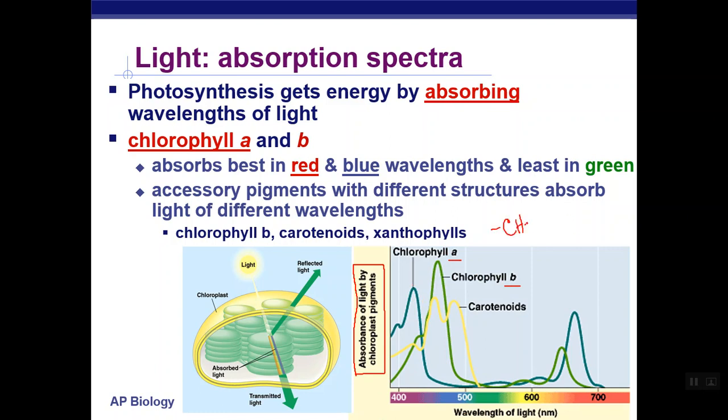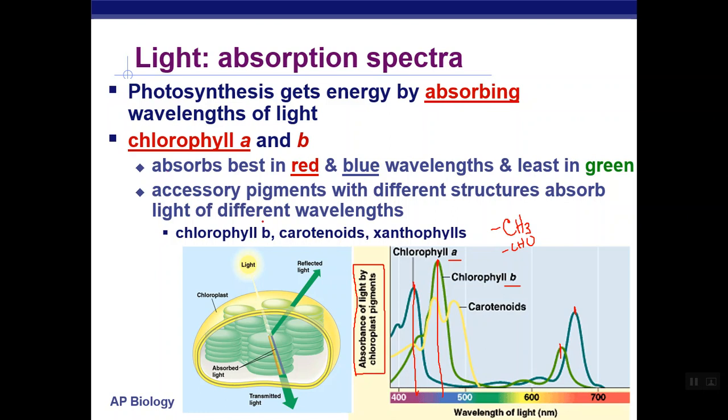The methyl group for chlorophyll A and the CHO group for chlorophyll B. Even just a little teeny change like that causes a pretty significant difference in how well these pigments absorb light, right? This is a pretty big shift for a little teeny difference in the kind of light absorbed. There's a little shift up here towards the higher wavelengths of light also.